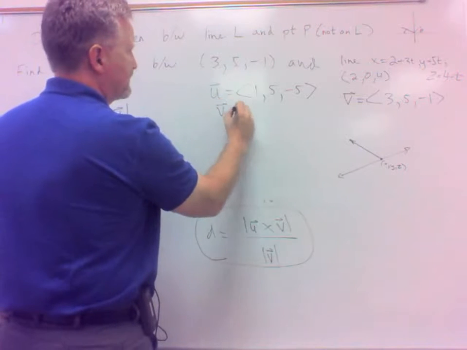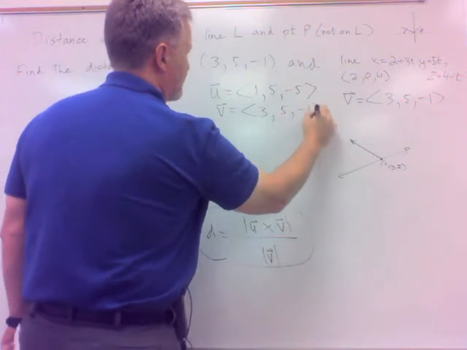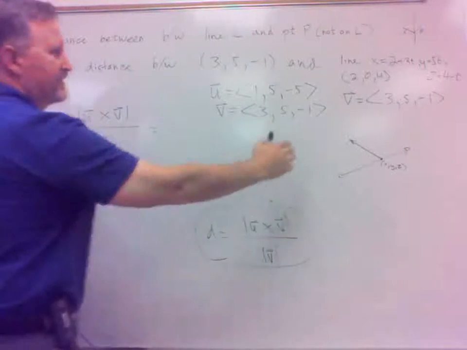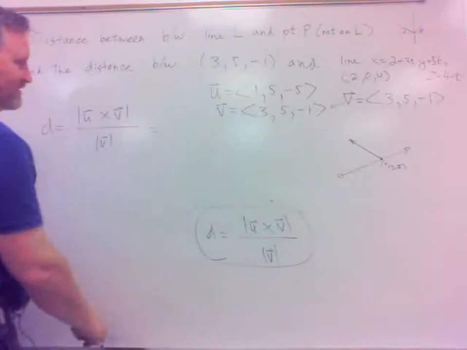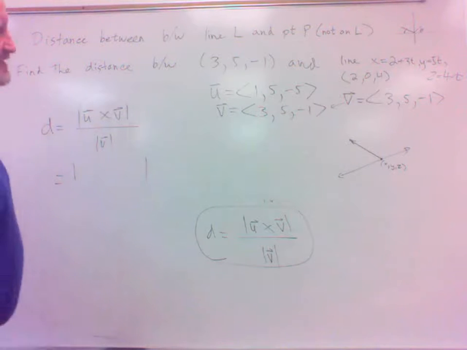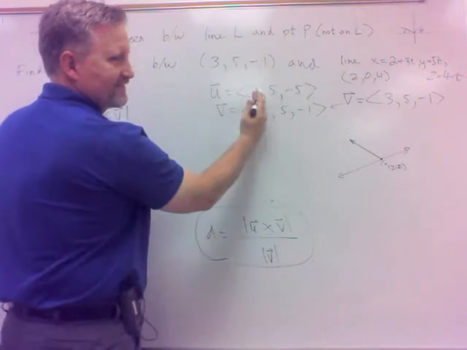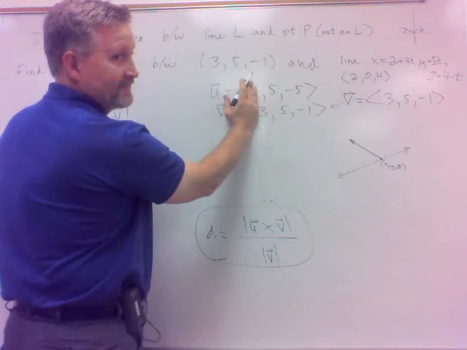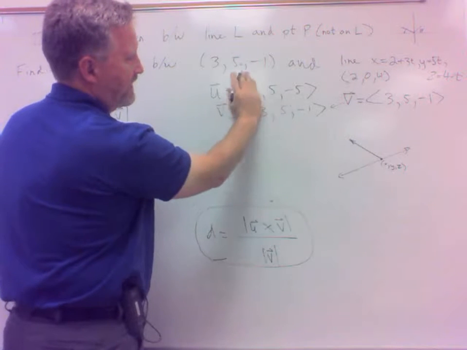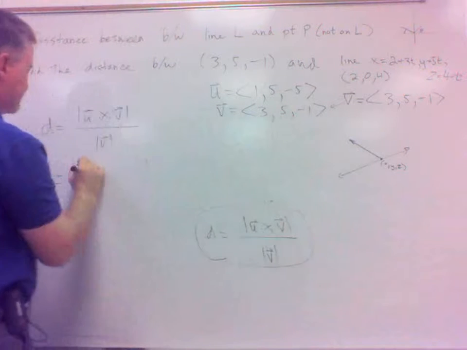You can do the determinant thing for that, but if you line these up like this, I think it's fairly easy to get the cross product. Remember the cross product, the first component is the determinant of that 2 by 2, so it'd be minus 5 plus 25.